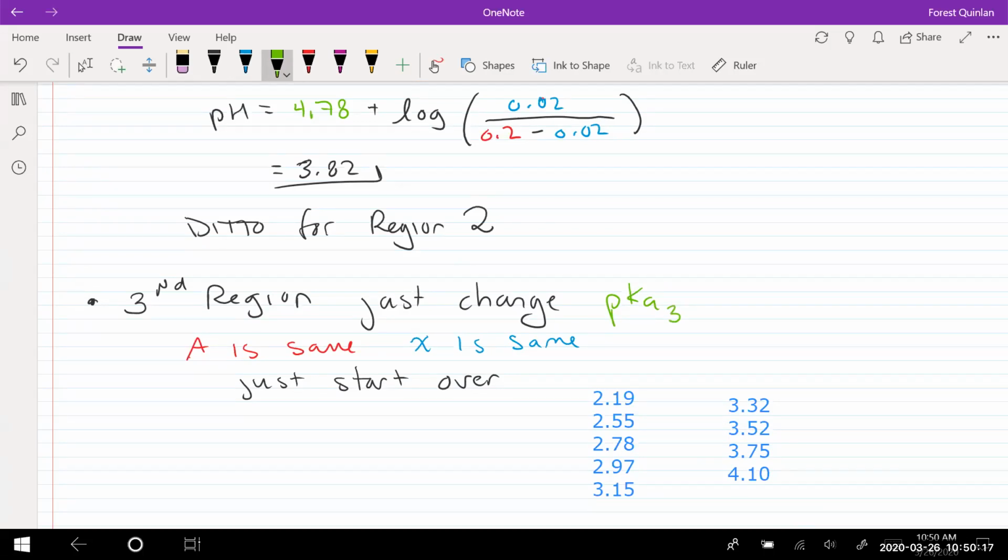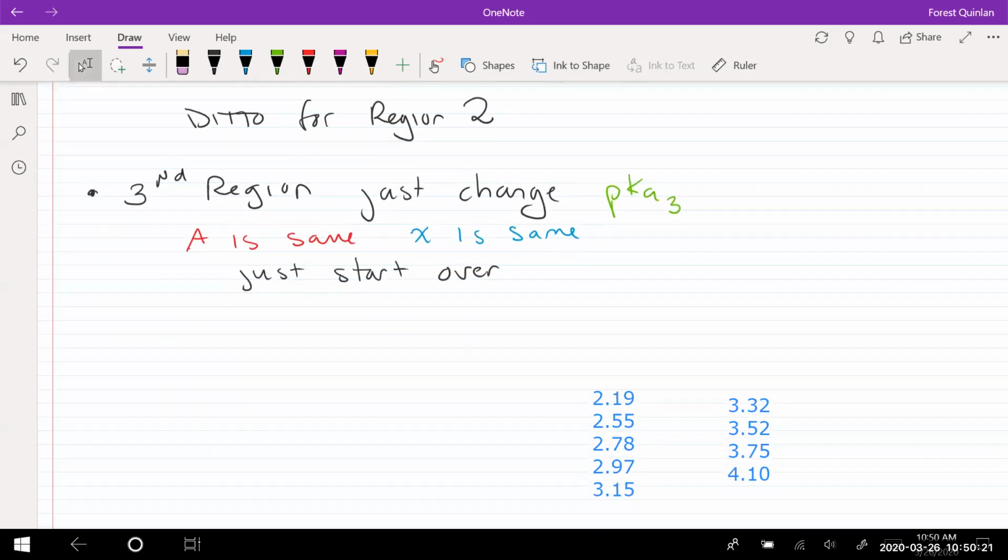Again, I'll do one as an example. That'd be pH at, let's see if I can get this one right, at 840. At 840 mils, so that's 40 mils into region 3.